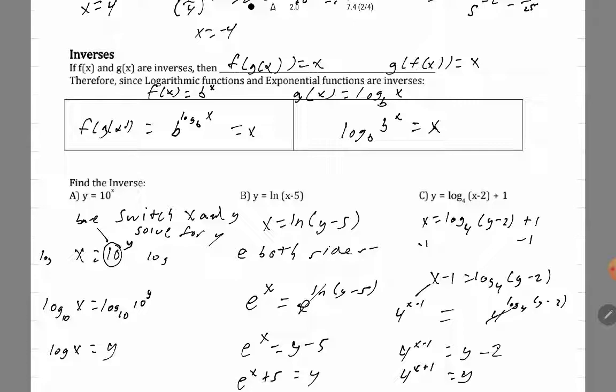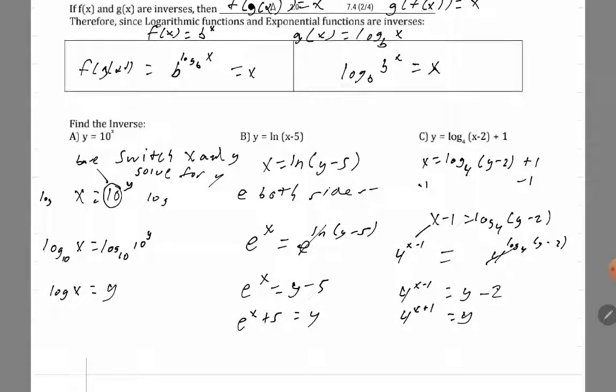And then lastly, if you have a log, you use the base and put everything into the exponents. And that's the hardest one, for me at least. Hopefully you can practice a lot of these. And I believe that's it.